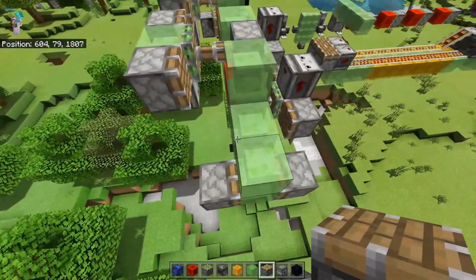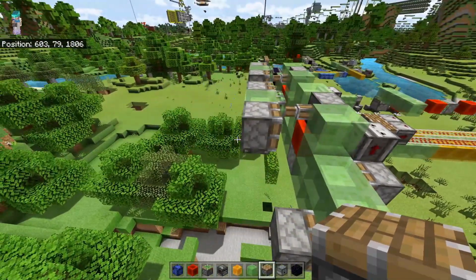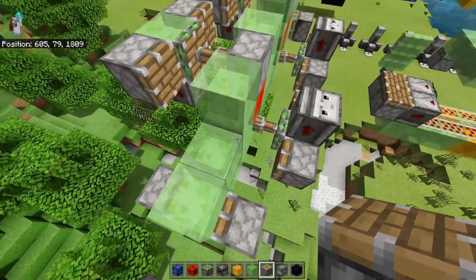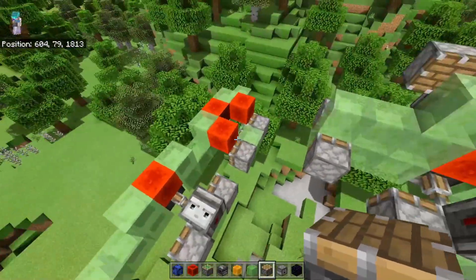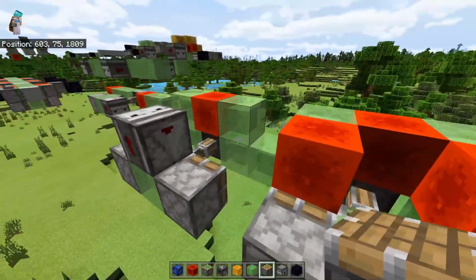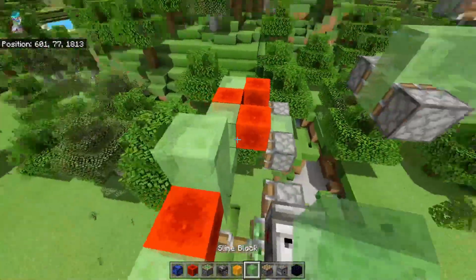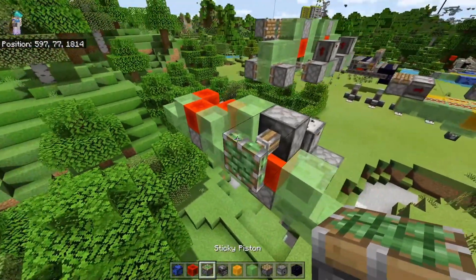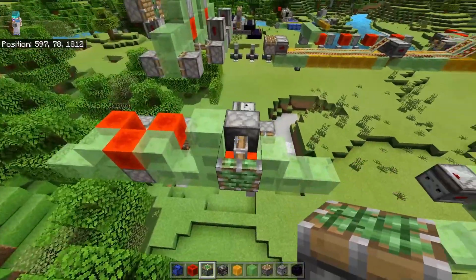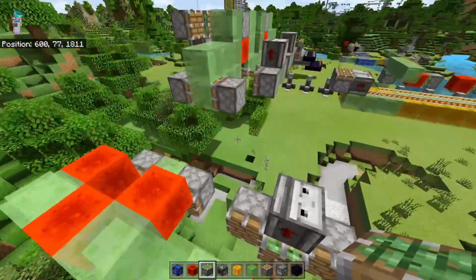But it also can move this way and this way. How it does it is it's the same principle as over here, except it's got a sticky piston on this side, retracting this structure back here.